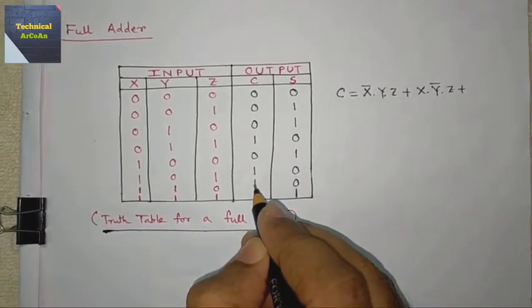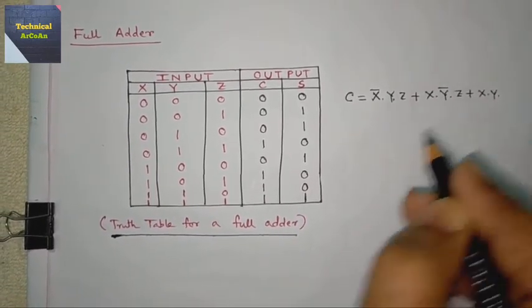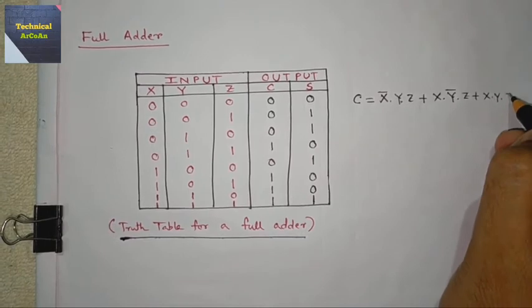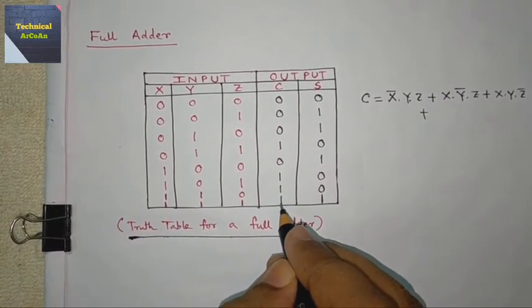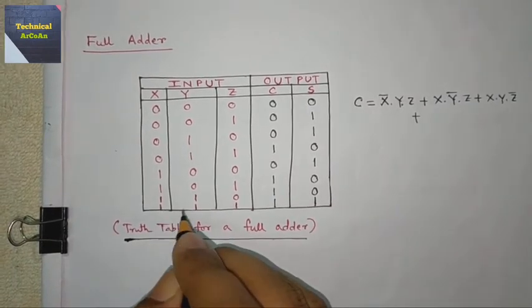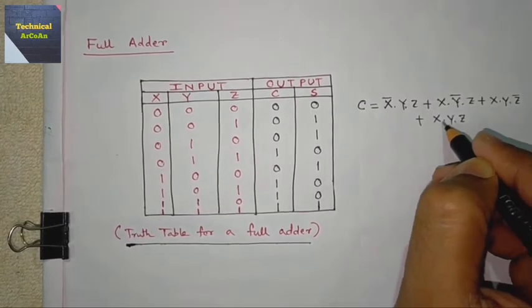After this position, X, Y both are 1, so X dot Y, and Z will be 0, so Z complement. And another product is also there in this position, where all X, Y, Z are 1, so all are normal, so X dot Y dot Z.